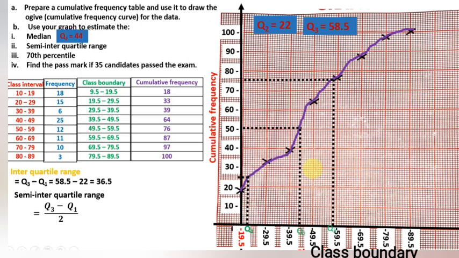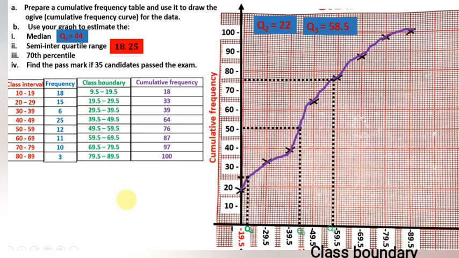So we already know that Q3 minus Q1 is equal to 36.5. So that's going to give us 36.5 divided by 2, which is equal to 18.25. So the semi-interquartile range is 18.25. So let's record that down.